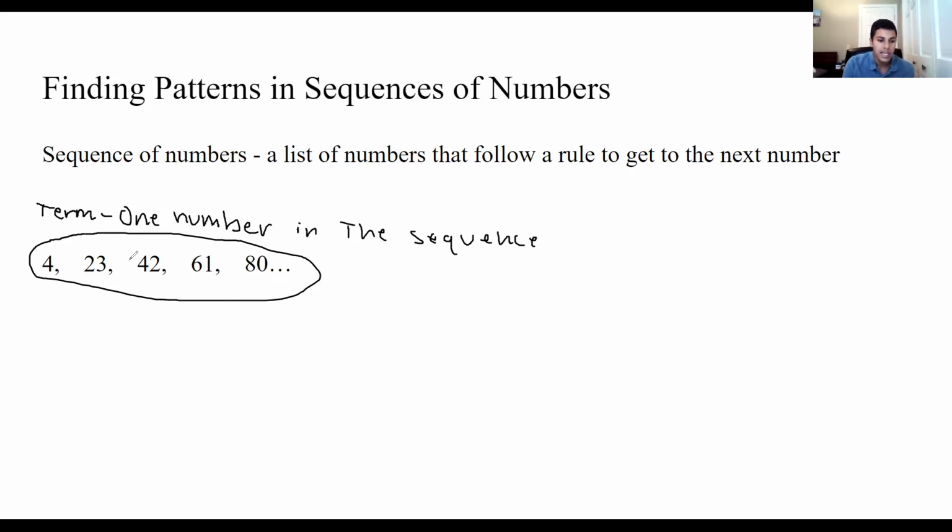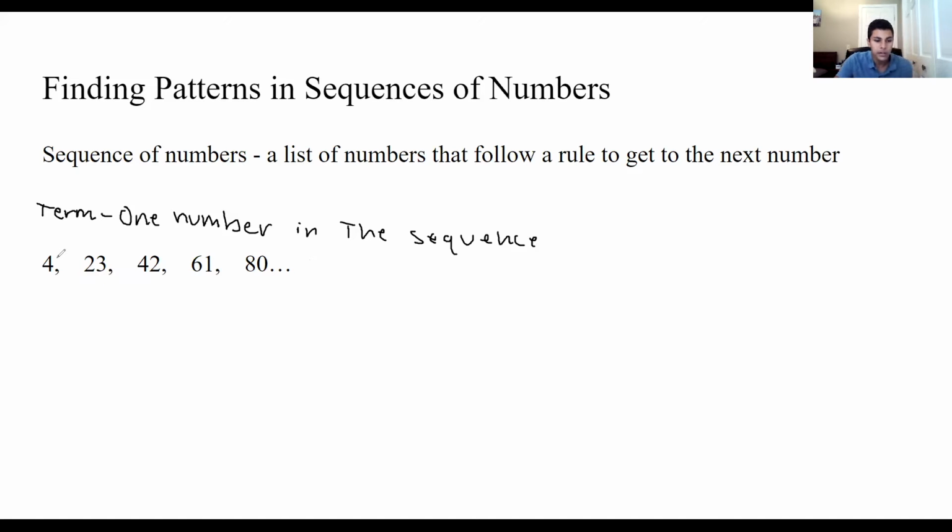So if I were to say the first term is 4, then that would make the second term 23. And the third term would be 42, and the fourth term would be 61, and so on. And there's a reason that this is important. This is how we recognize how patterns are made in sequences of numbers.